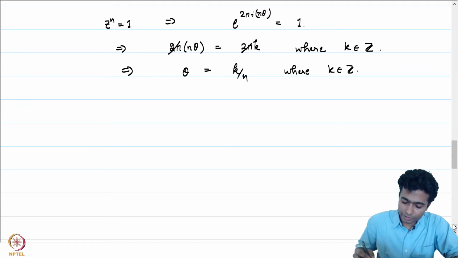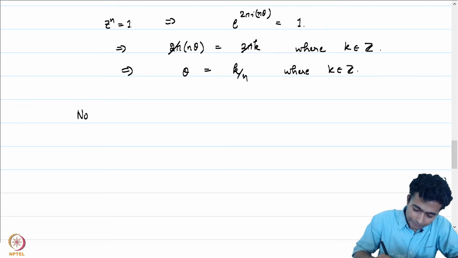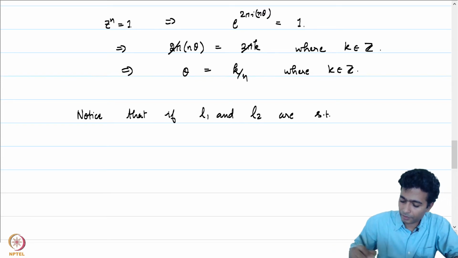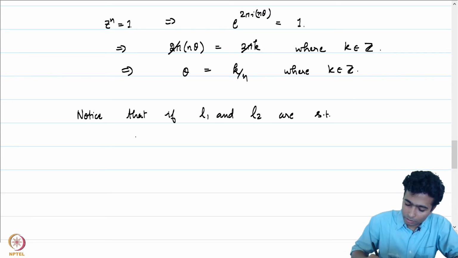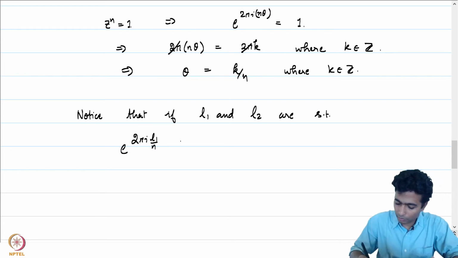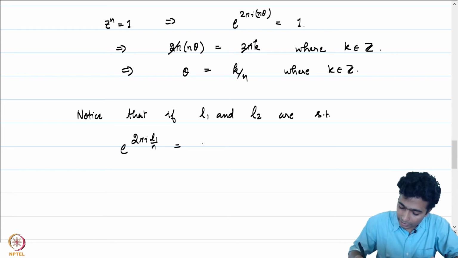The first observation is that, so notice that if L1 and L2 are such that e to the power 2 pi i L1 by n, theta is L1 by n in this case, is equal to e to the power 2 pi i L2 by n, what does this imply?